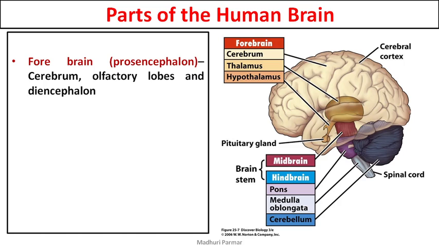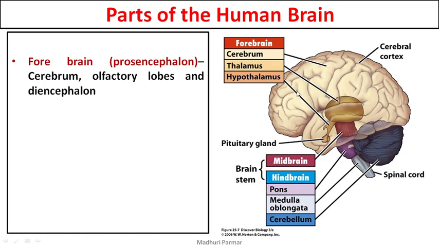So forebrain, in scientific terms, is also known as prosencephalon. Wherever you hear the term cephalo, CEPHALO, it means brain. What does pro mean? Pro means first. सबसे आगे. So prosencephalon means forebrain in scientific terms. Forebrain is made up of three major parts.